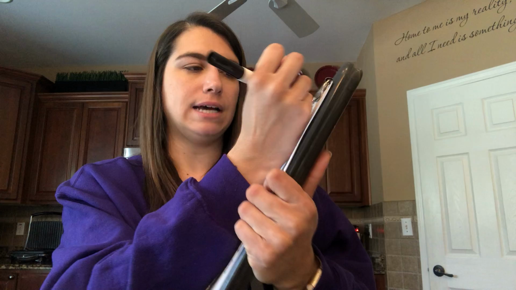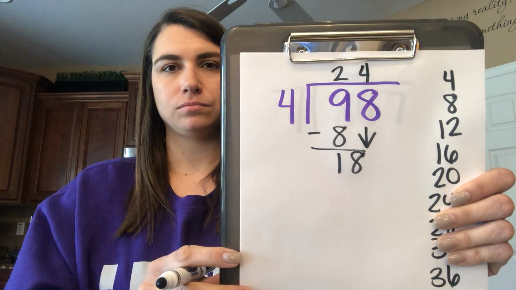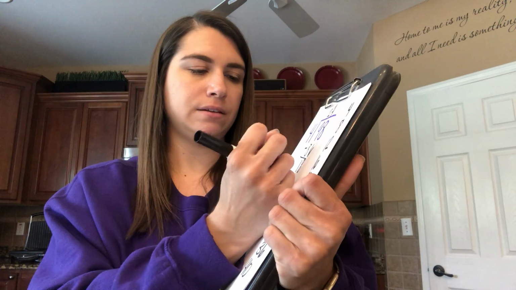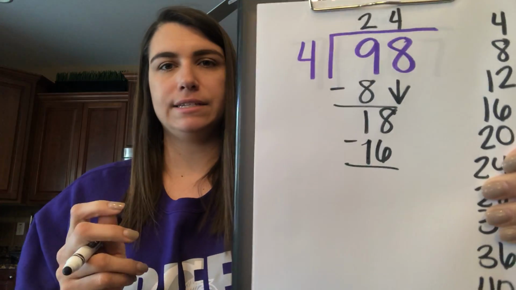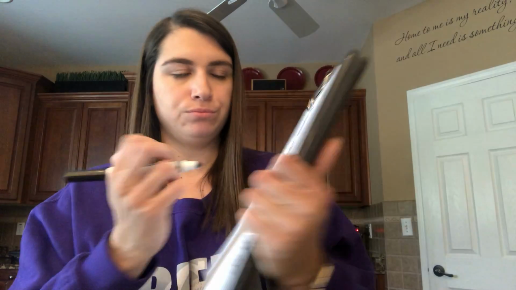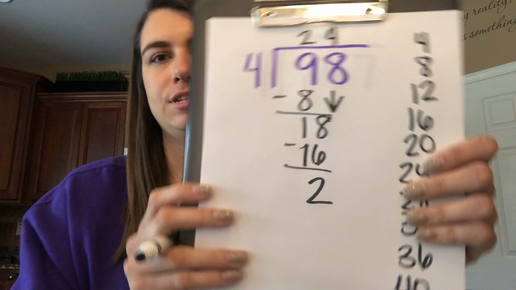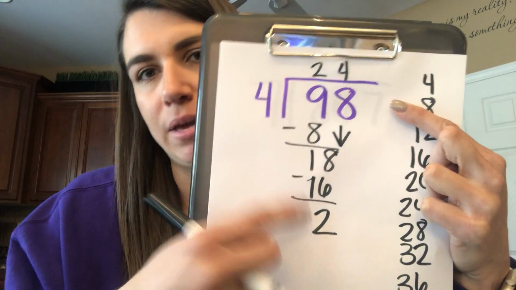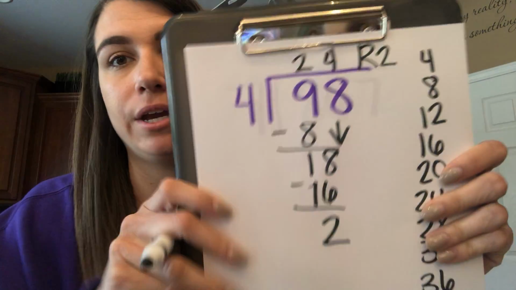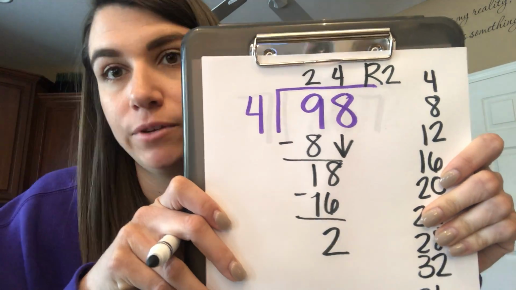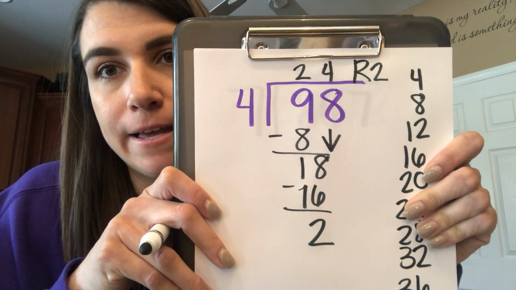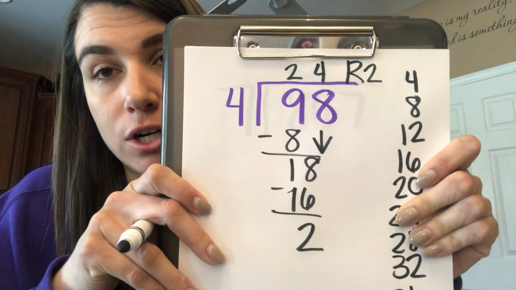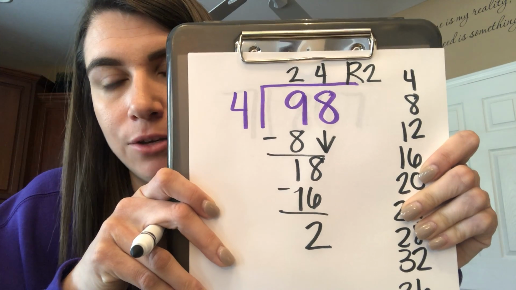So the 4 is going to go on the top. 4 times 4 is 16. 18 minus 16 is 2. And then there's nothing else to bring down. 2 is smaller than 4, so that becomes my remainder. So you should have gotten 24 remainder 2 as your answer for that one. So if you didn't get that, double check your work. And hopefully you checked it before you started the video again. But we're going to go ahead and continue on.